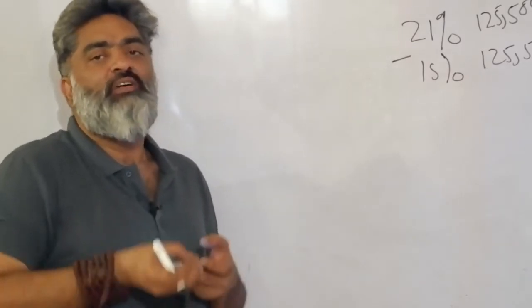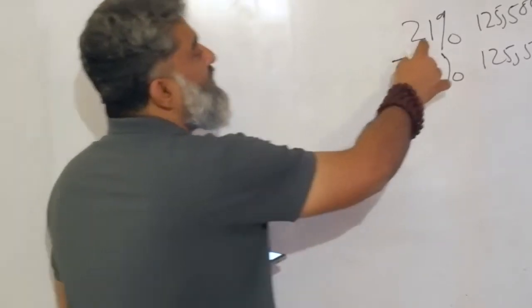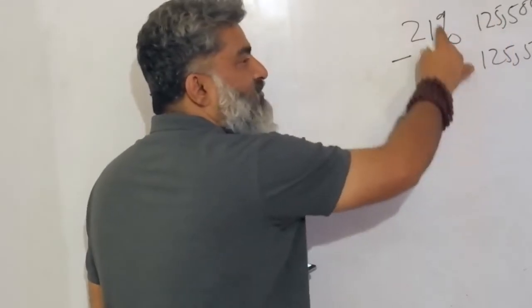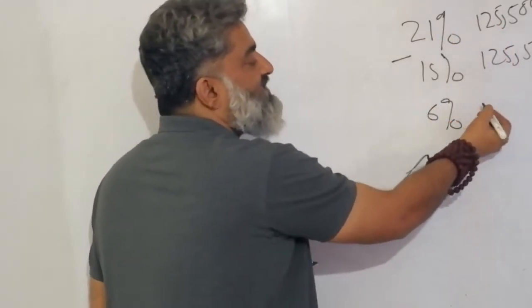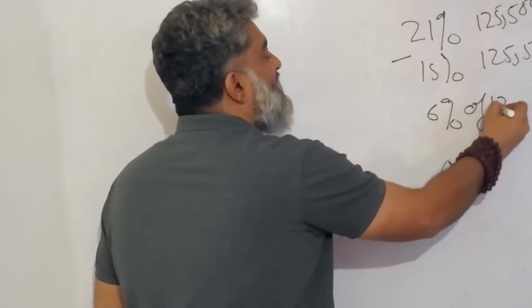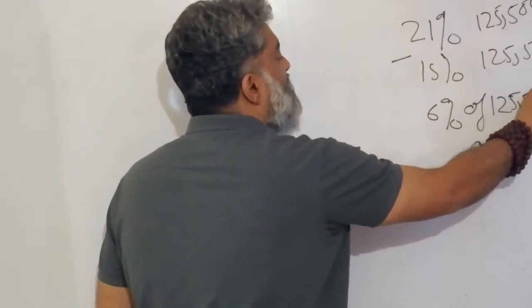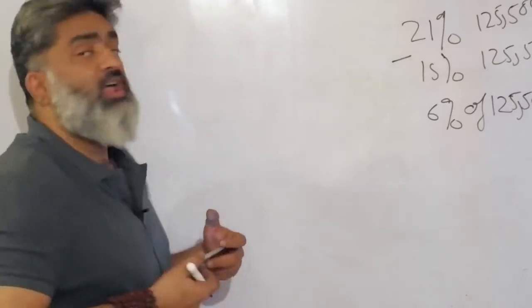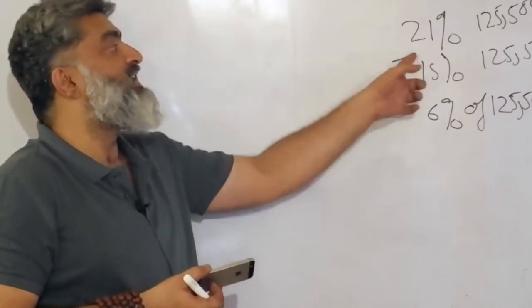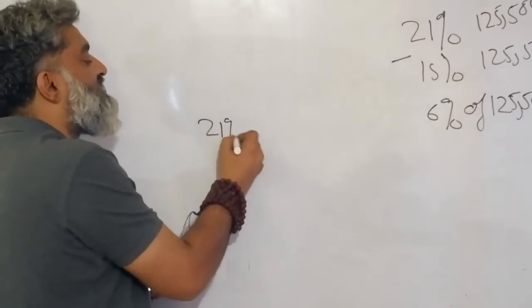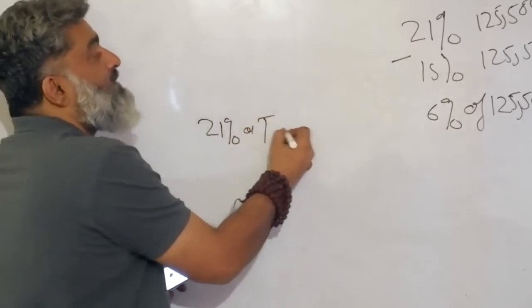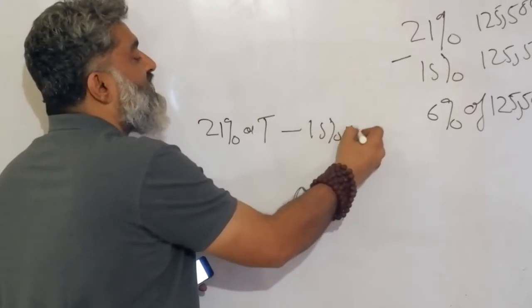How can you save a little bit of time? Knowing that the base is the same for both of them, you know your answer is going to be 6% of whatever the value is. So you can directly calculate 6% of 125,500. And I hope you understand why, because 21% of t, if you write it fully, you will write it 21% of whatever t minus 15% of whatever the total is.